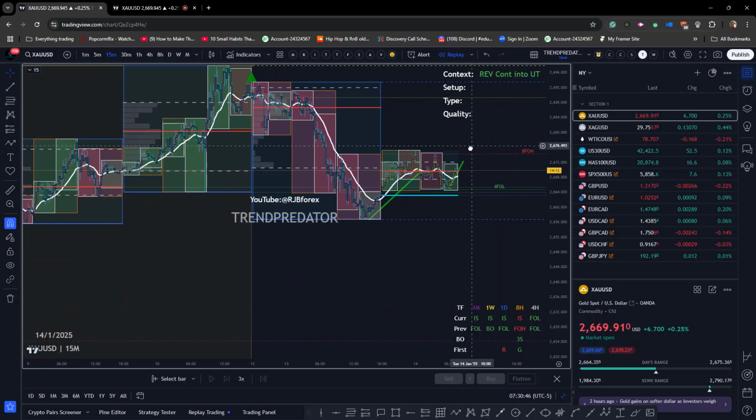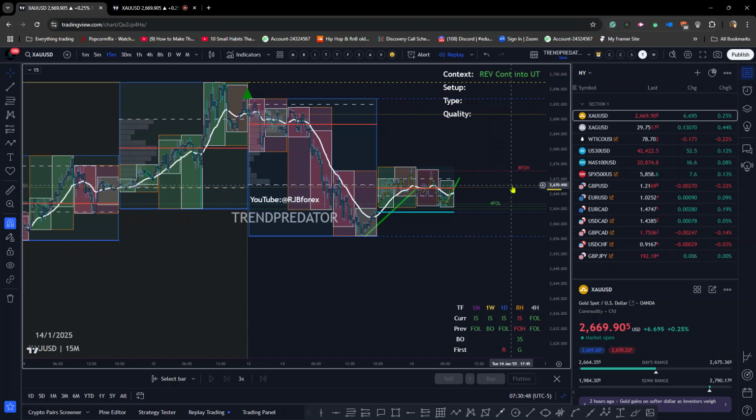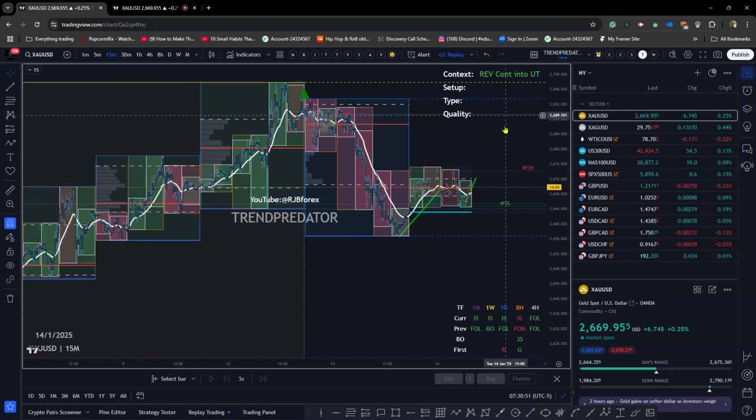Okay, so what am I looking for? I'm looking for a confluence. So ideally, what I'd like to see is the price now resisted at the highs of the day.